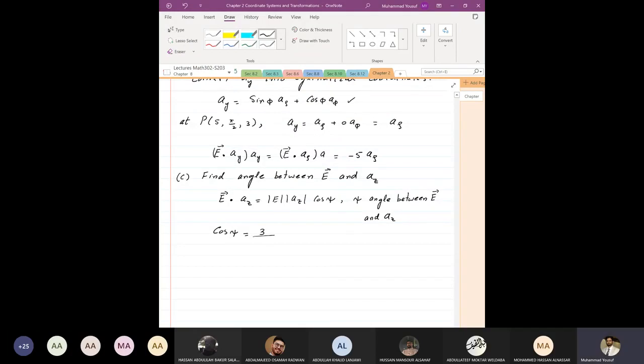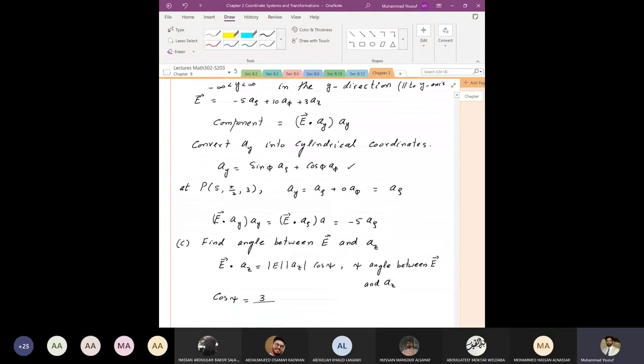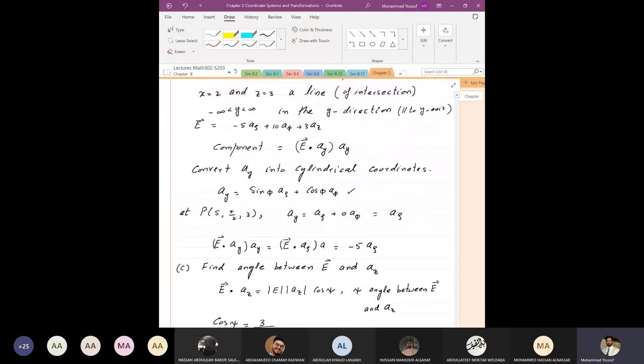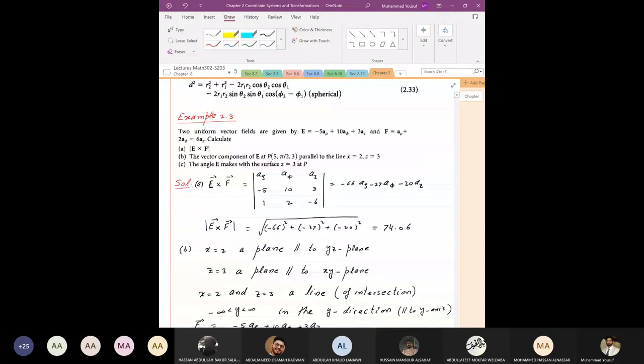So E dot AZ is 3 because we can write AZ as 0 a rho plus 0 a phi plus 1 AZ. And when we take the dot product, the dot product of AZ with a rho is 0.